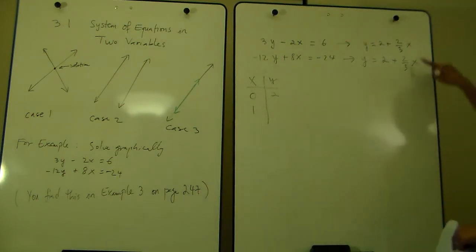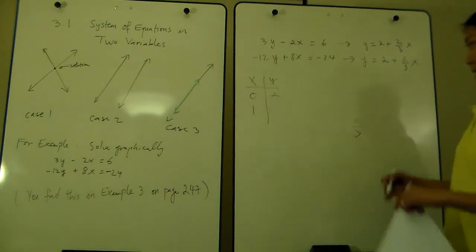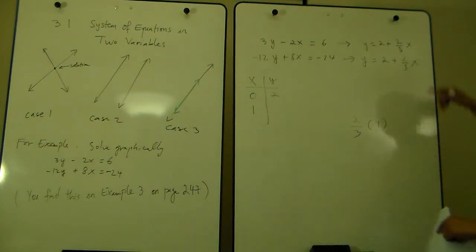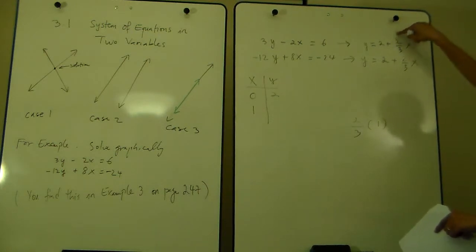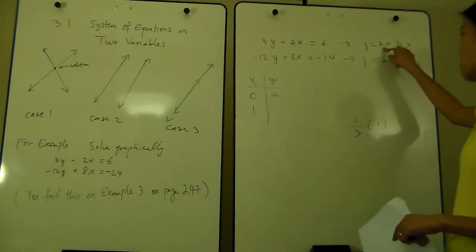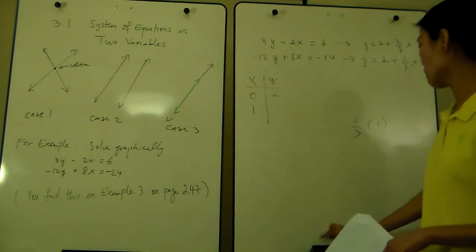But in this case, because I have a coefficient 2/3, I could substitute 1 here, but that means I will have 1 times 2/3, which is a fraction. Adding it to a value that has a different denominator means you have to find the LCD, and so on.